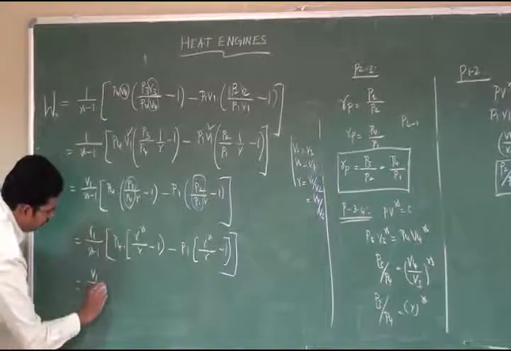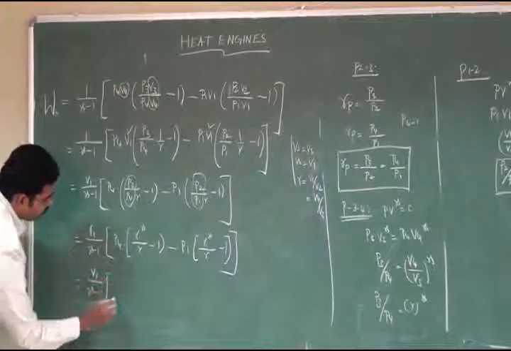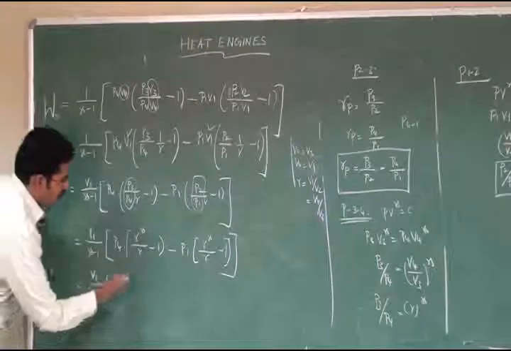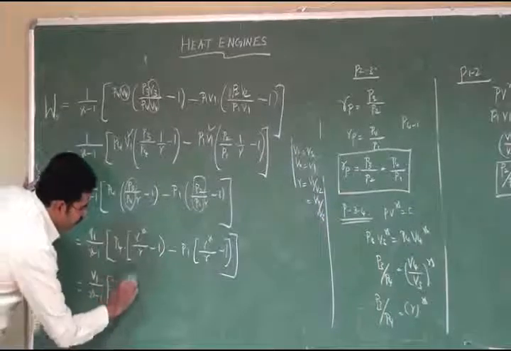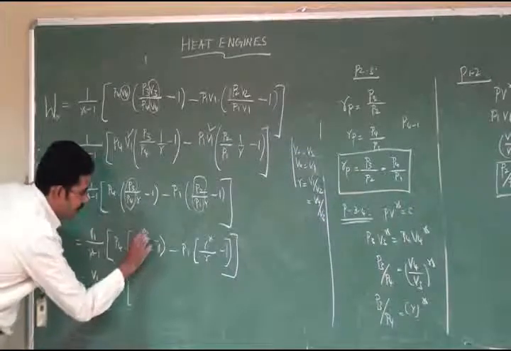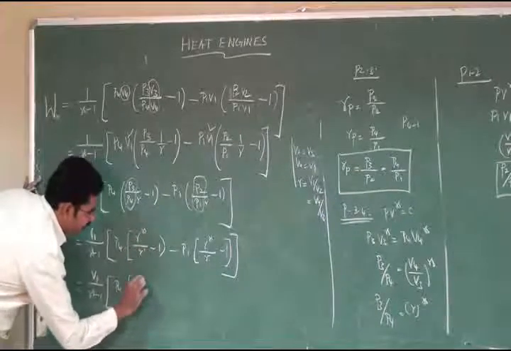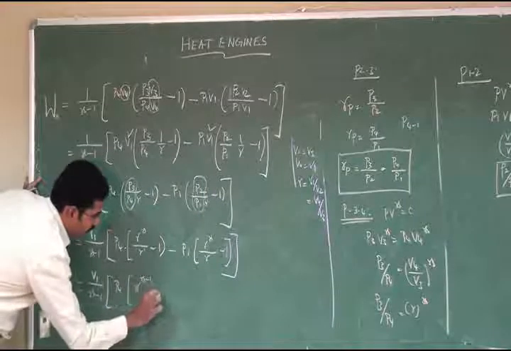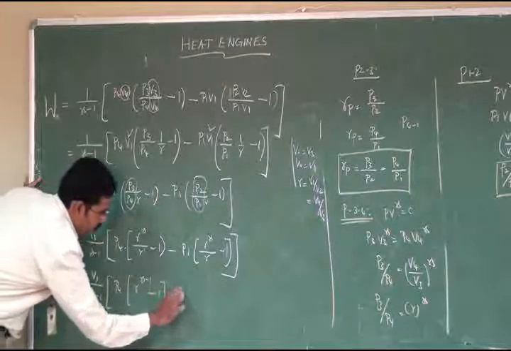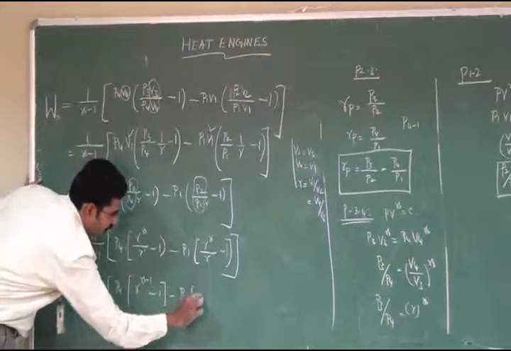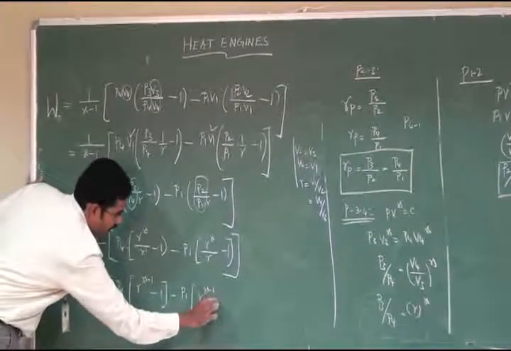Now V1 by gamma minus 1 into P4, here R power 1, here R power gamma. It can be rewritten as R power gamma minus 1 minus 1 minus P1. Similarly, here also R power gamma minus 1 minus 1.